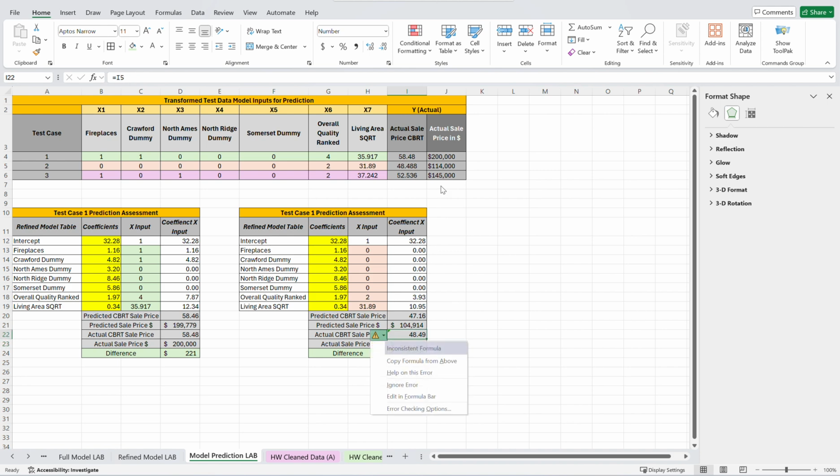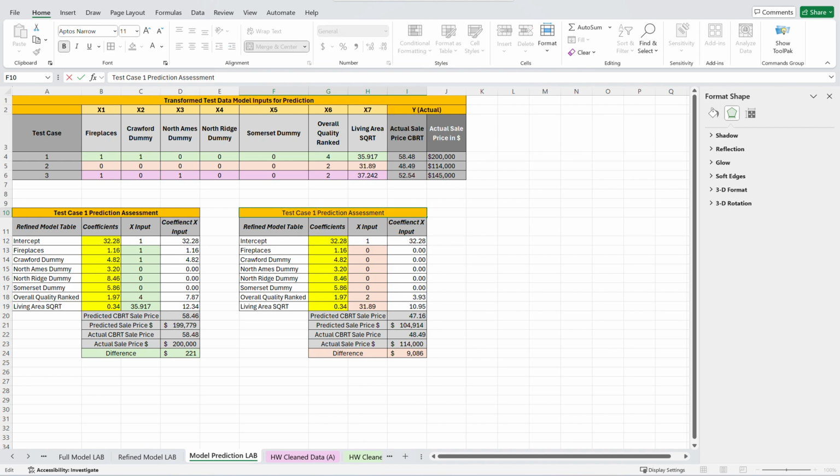Or you can, if you want, do the cube root of these values to make sure that they all match up. That's fine too. So we can see our difference here being that $9,000 difference, the same one that we saw in the slides. And again, you can ignore this error. It's just letting you know it's not consistent with the other ones. Okay, so this is actually test case 2.